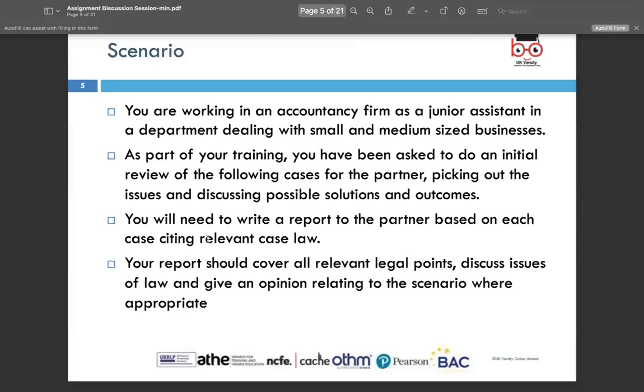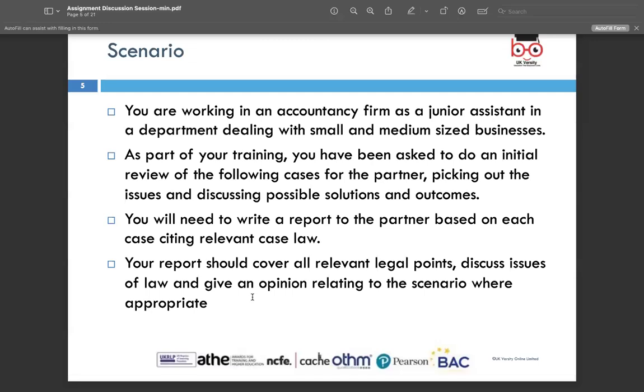Then here you can see the scenario. You are working in an accountancy firm as a junior assistant in a department dealing with small and medium-sized businesses. As part of your training, you have been asked to do an initial review of the following cases for the partner, picking out the issues and discussing possible solutions and outcomes.